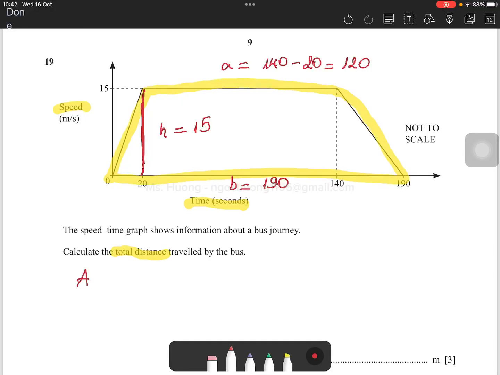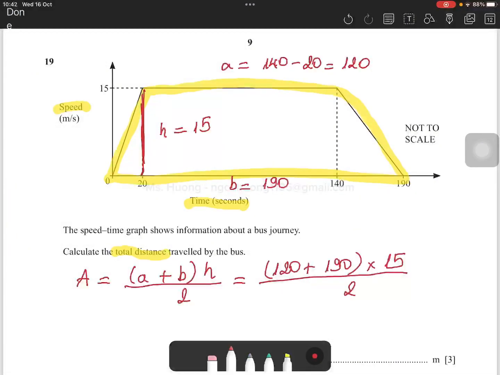So we apply the formula of the area of the trapezium: a plus b multiplied by height over 2. a is 120, b is 190, then multiply by 15, and we divide everything by 2. So the answer is 2,325 meters.